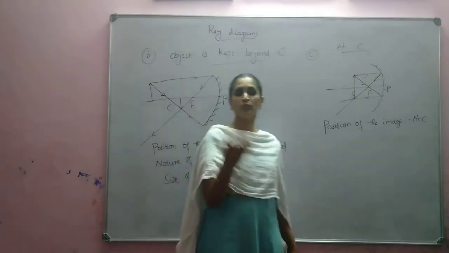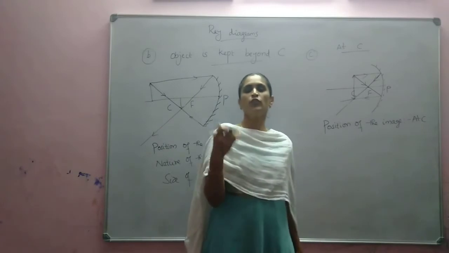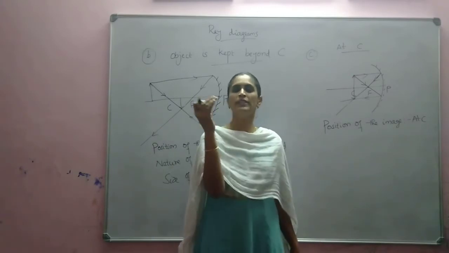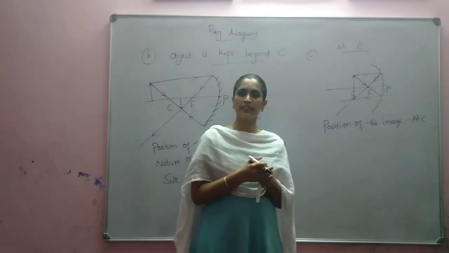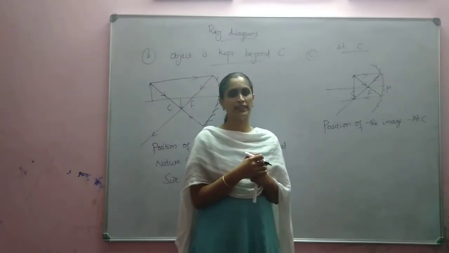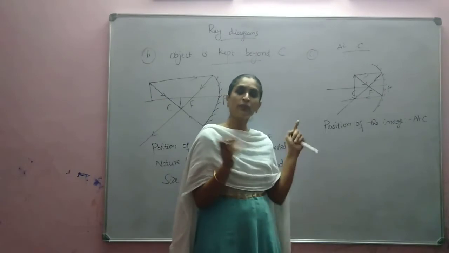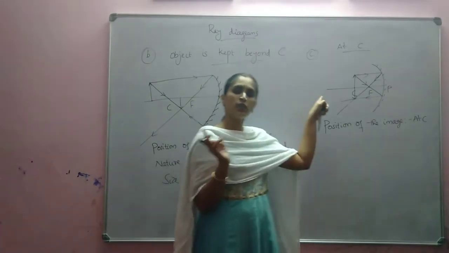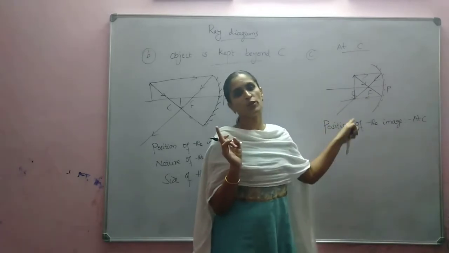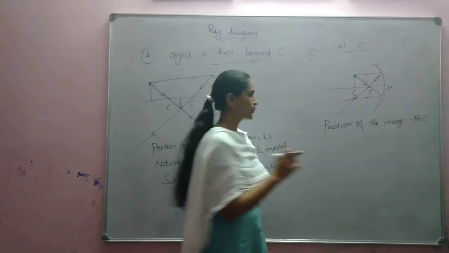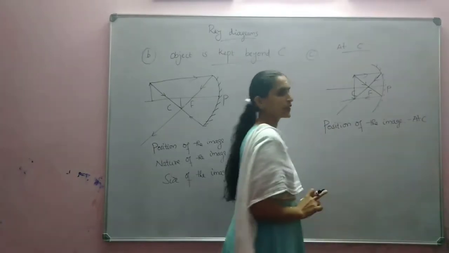In the case of plane mirror you have studied, no? If you are moving closer to the plane mirror, your image also will move the same distance. So we can say that object distance will be equal to image distance. But in the case of concave mirror, this is the only situation where we get object distance equal to image distance. So position of the image is also at C.